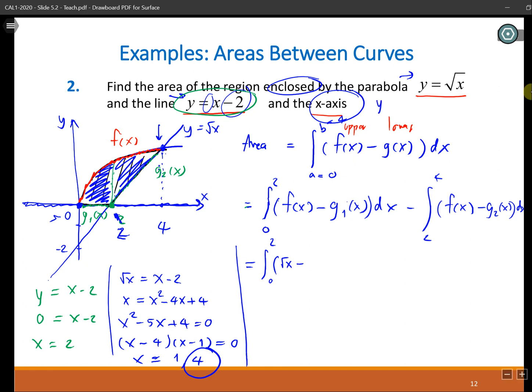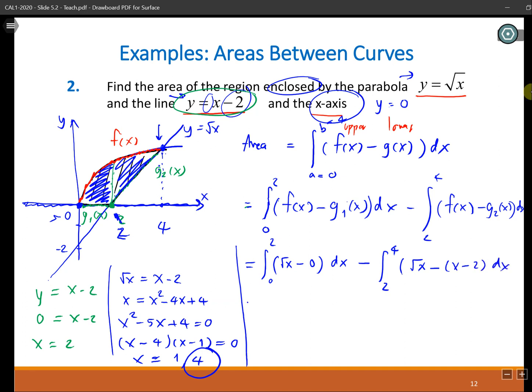This is y equal to 0, dx. Okay, and the other part is from 2 to 4. And we have the upper function, square root of x, minus the lower part is the g2(x), that is the straight line, so that is x minus 2, dx.